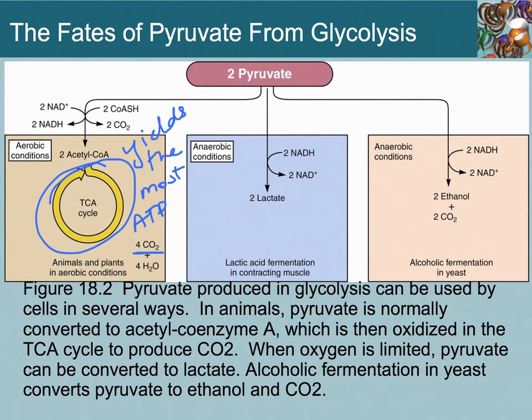Pyruvate, under appropriate conditions, can also undergo anaerobic oxidation, where we would form two molecules of lactate. This can be seen in contracting muscle. Yeast can ferment pyruvate and make ethanol and carbon dioxide. Again, remember that when pyruvate enters the tricarboxylic acid cycle, that's how we get the most ATP out.